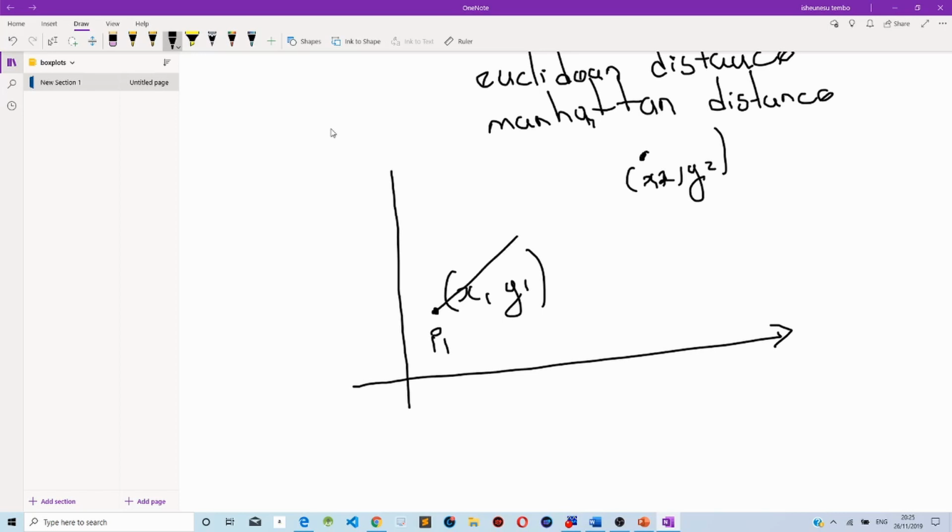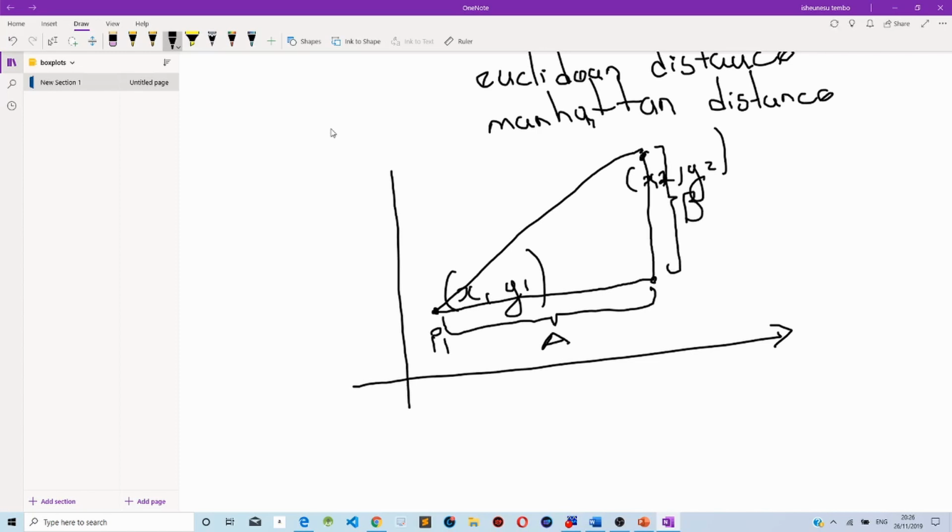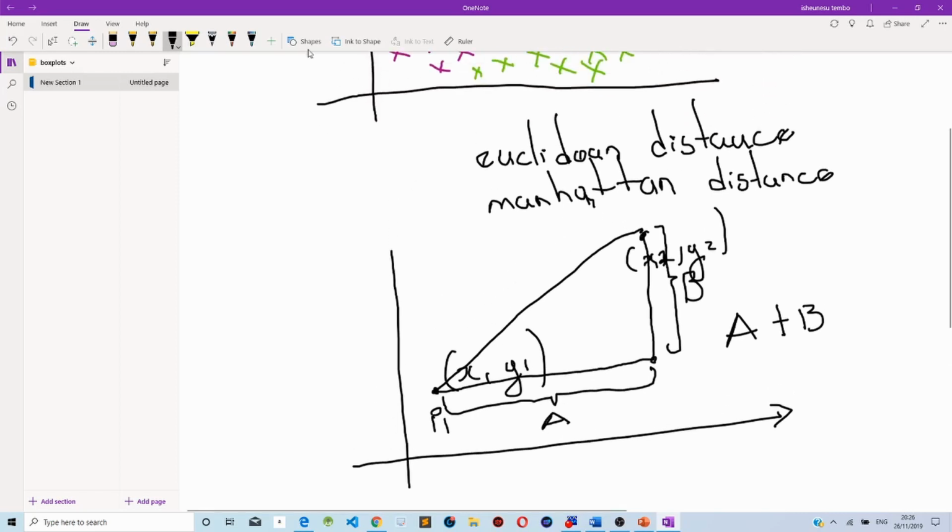We first calculate the distance from this point to this point, which I will call A. Then we calculate the distance of B, and then we add those distances. So that's how the Manhattan distance calculates the distance between 2 points.